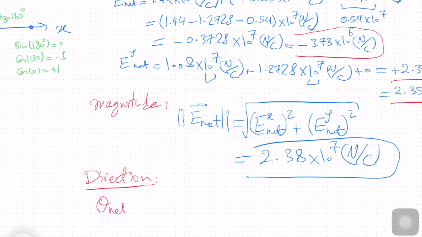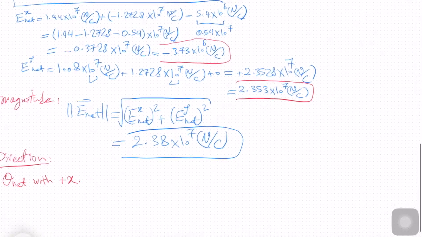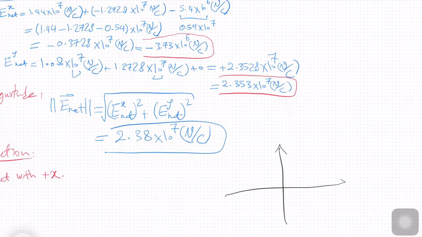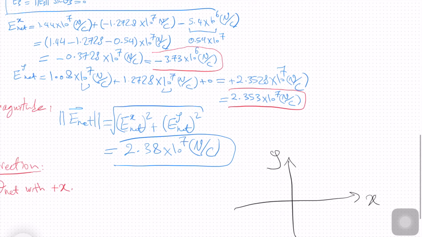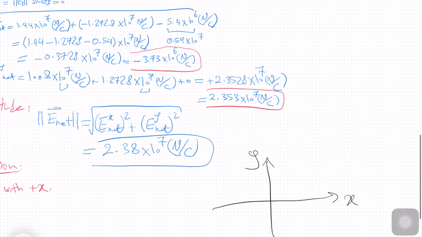Find the angle theta net that the electric field makes with the plus x direction. Okay, so I'm gonna draw a separate x and y here. We're thinking that E net is a vector. Mostly it's in the y direction, but it has a slight negative amount in the x. So it's kind of like this. So that's your E net.